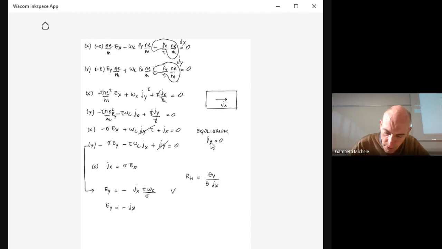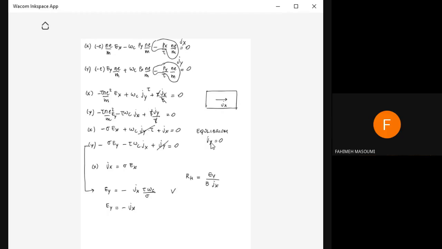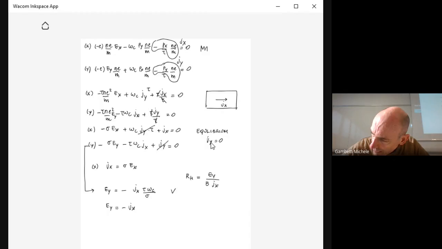It was, let's say, the x equation. Thanks for the question, because I didn't point this out at the beginning. The x equation is related to the question about magnetoresistance. So does resistivity change according to B? The second equation is the equation concerning the Hall effect.